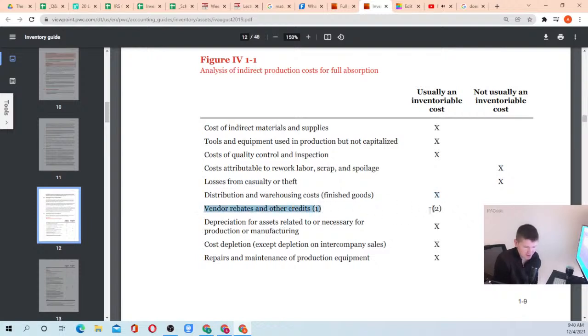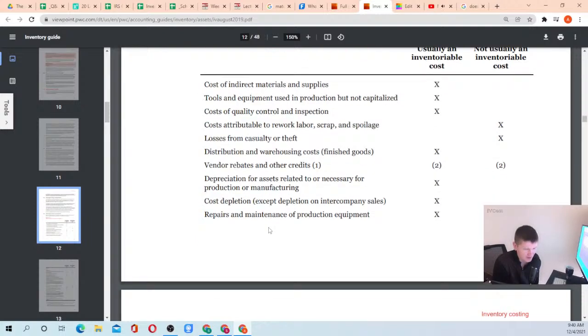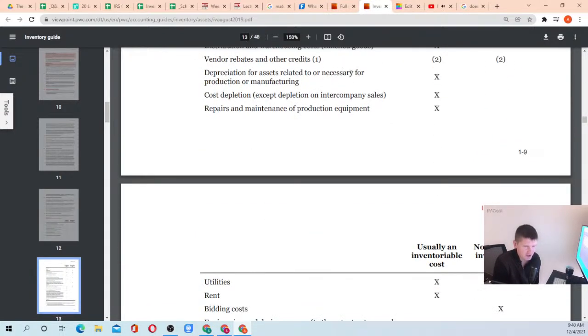Vendor rebates and other credits, you usually adjust for vendor rebates, but it has explanation about a possible option to not adjust for vendor rebate. Depreciation, you allocate depreciation, which you incurred because of production and manufacturing.